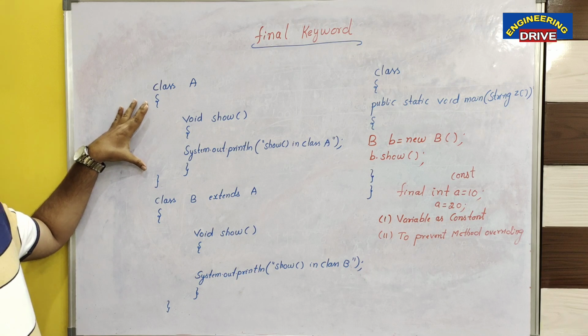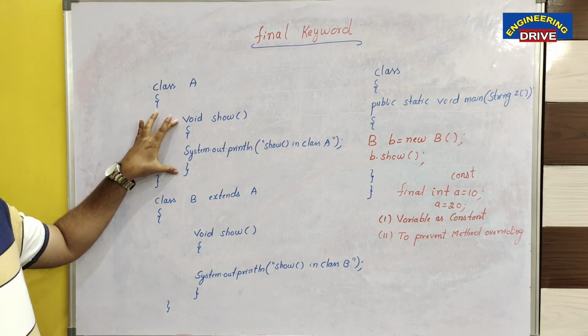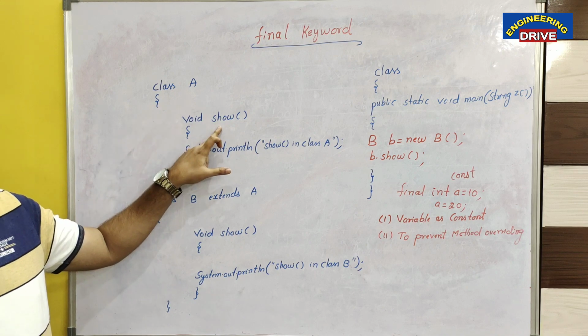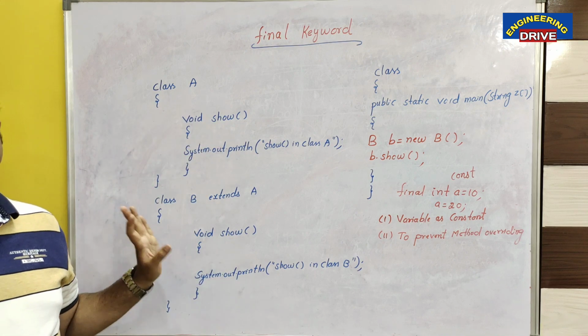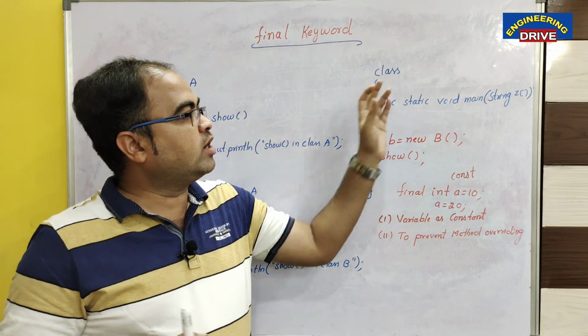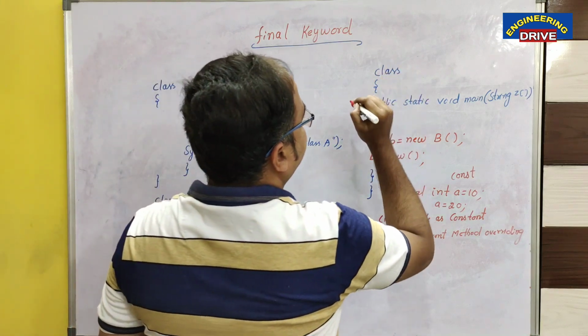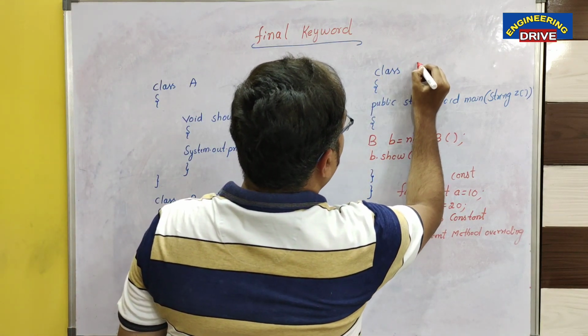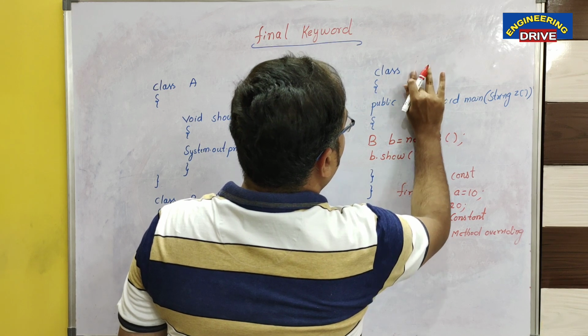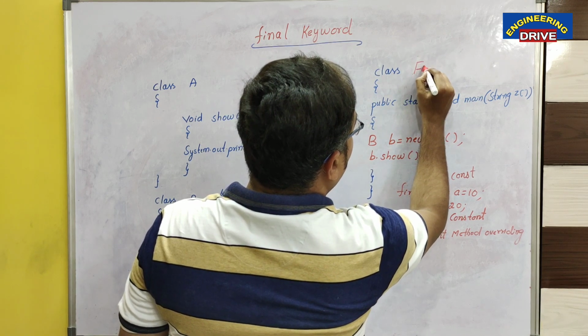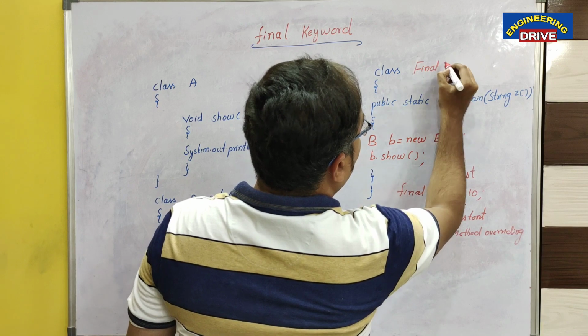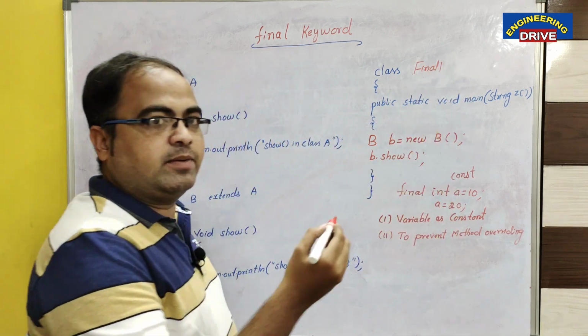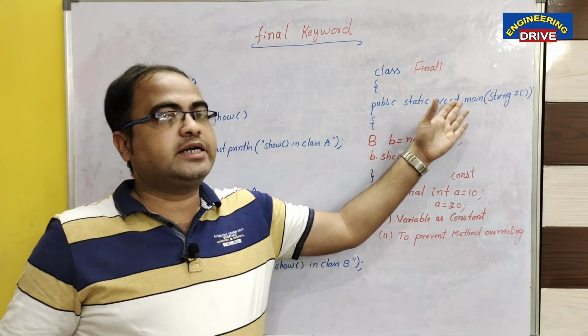Here in this program I have taken 2 classes, class A and class B, and in class A I have one method named show. Class B also has a method with the same name, show. In one more class, let me give the name in capital letters, Final1. So this is the name of my class. In this I have implemented the main method.